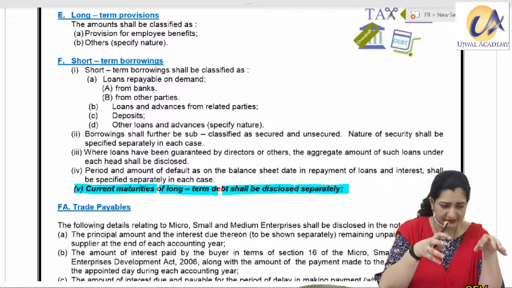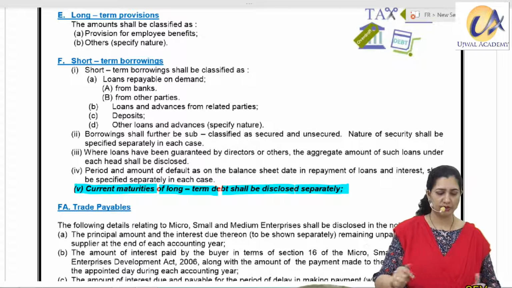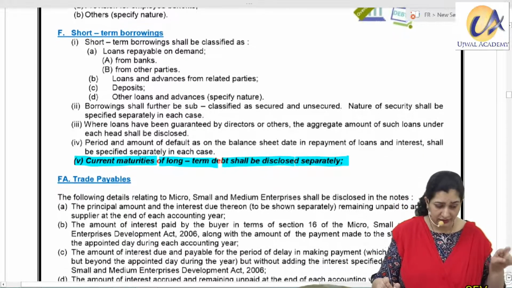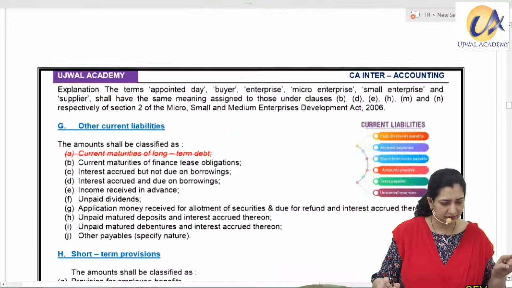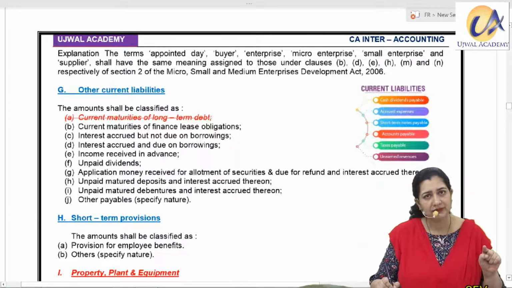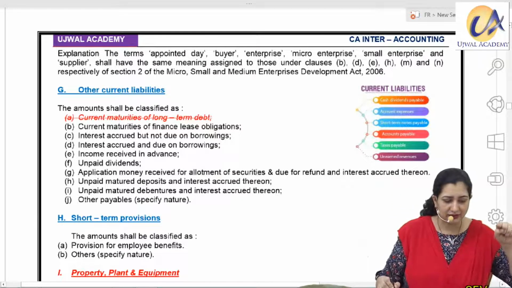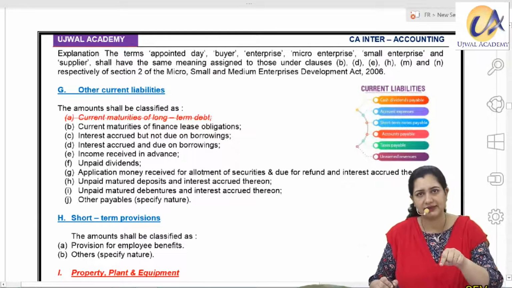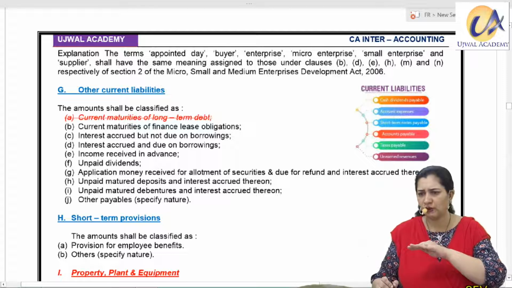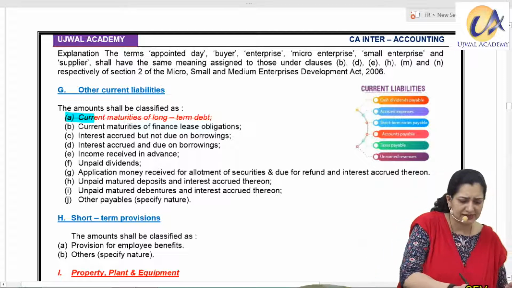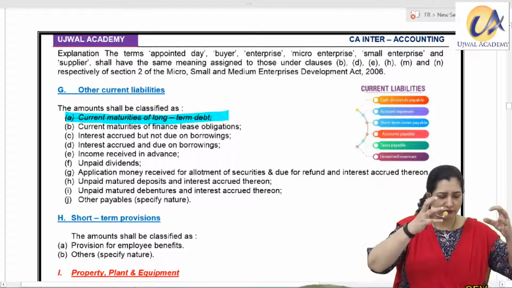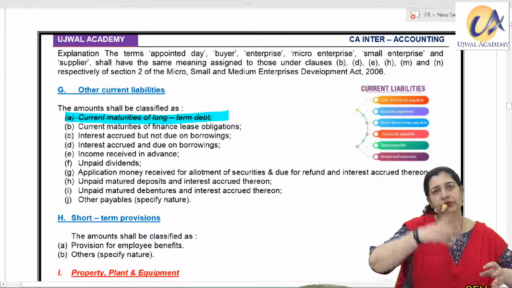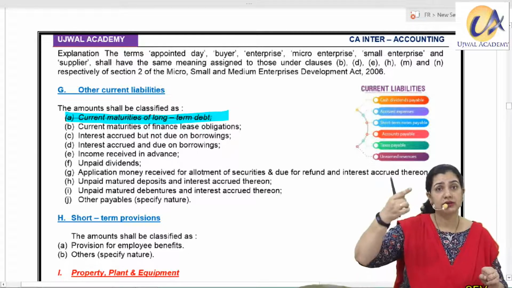So now this we will be showing under short-term borrowings, whereas earlier we were showing this under, you will come here, do you see point number G? Earlier we used to show it under other current liabilities. Now they say no, we cannot show it under other current liabilities, please cancel that. This will be shown under borrowings. So from here they have cut it and they have put it under your short-term borrowings.